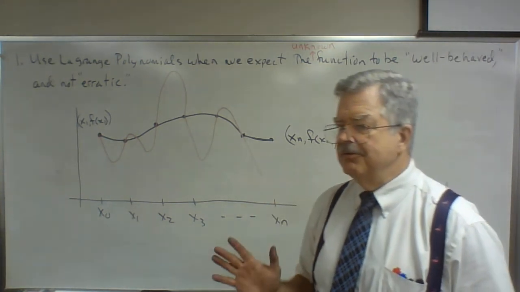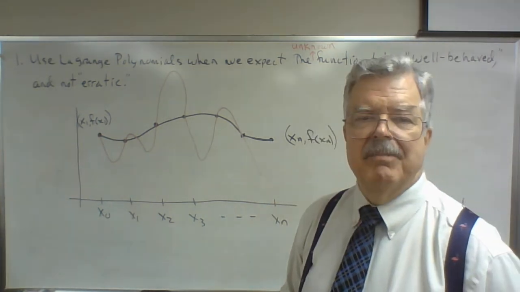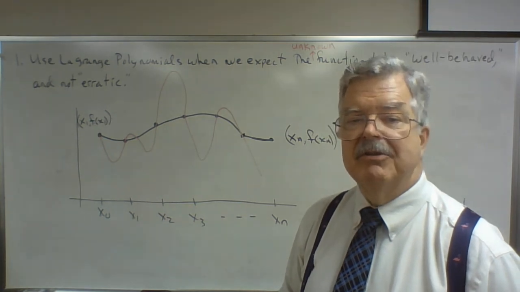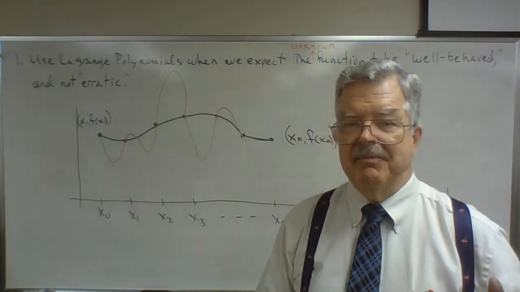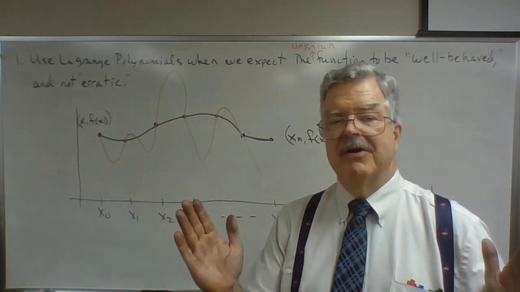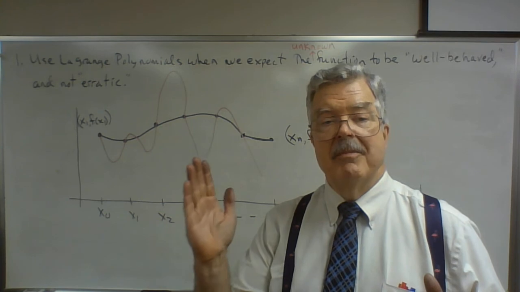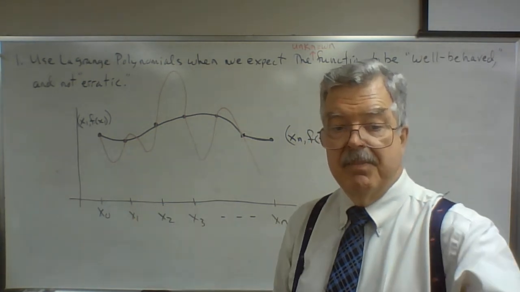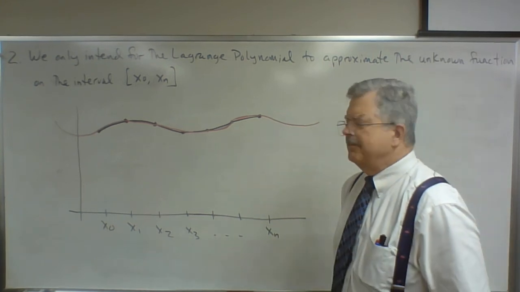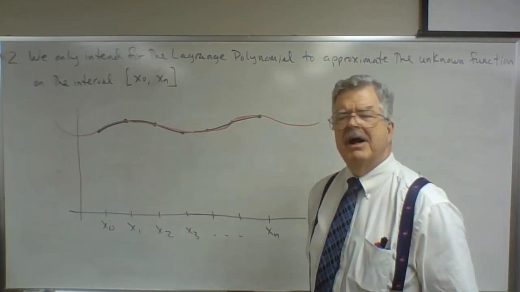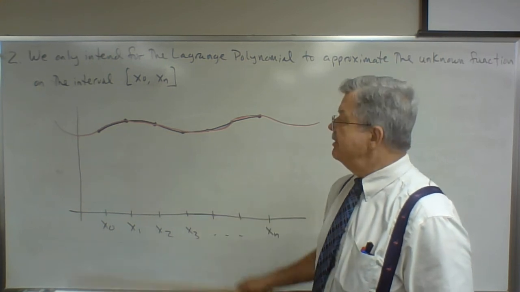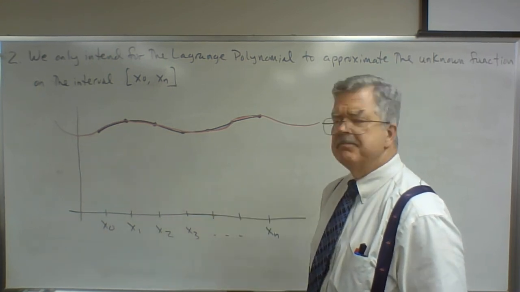There's something else that we need to emphasize about Lagrange polynomials and approximations, and that is that we only intend for it to approximate the unknown function on the interval from x0 to xn. Let's take a look at our approximating polynomial, which I have drawn in black, and the unknown function, which is in red.